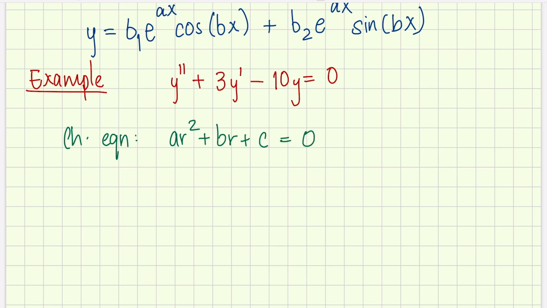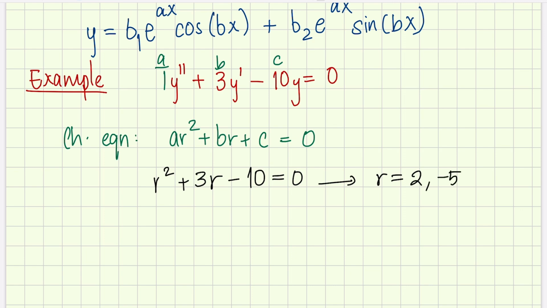We want to find the roots. Over here, a is 1, b is 3, and c is negative 10. So our characteristic equation becomes r squared plus 3r minus 10 equals 0. If you solve this, you should be able to get 2 and negative 5.